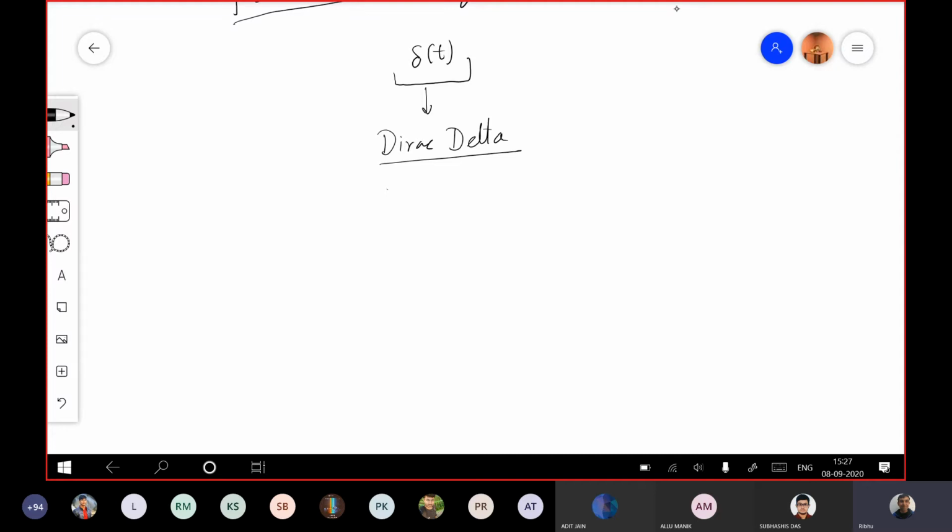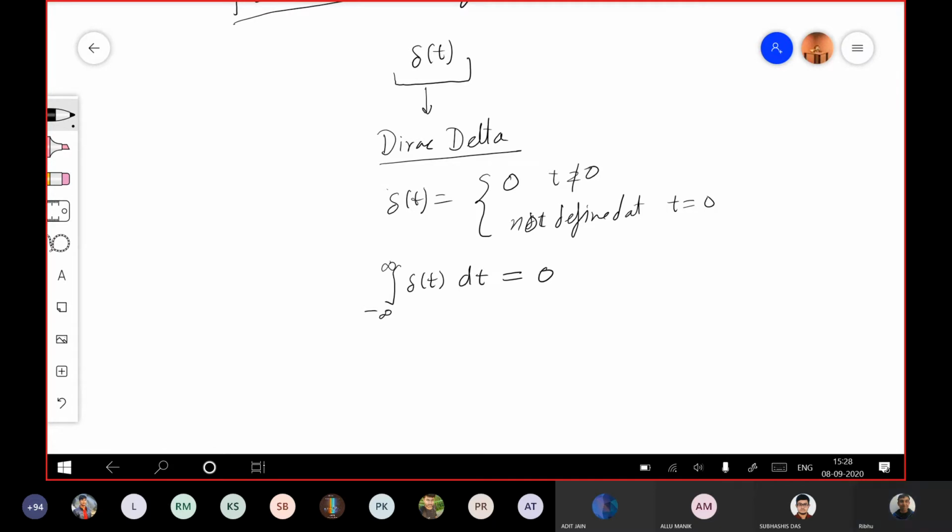So you say that delta of t equals 0 for t not equal to 0, and not defined at t equal to 0. This is a definition such that the integral equals 1, and there is no other complication with this function.